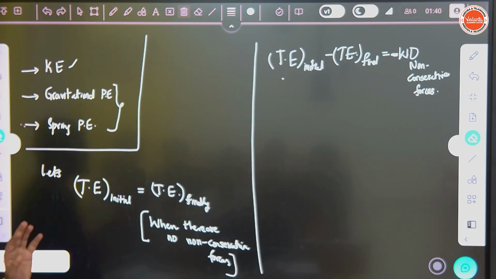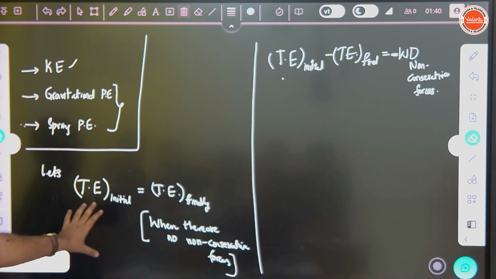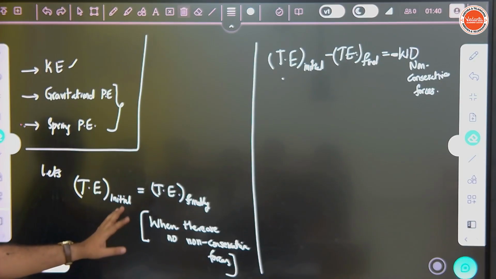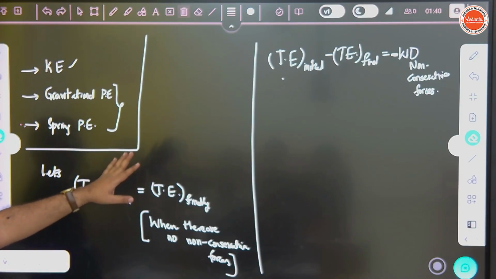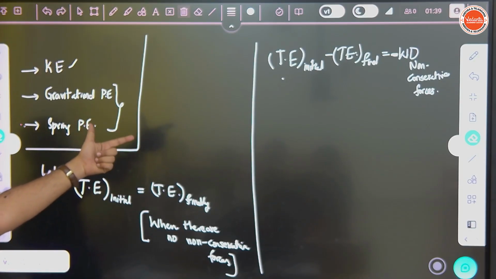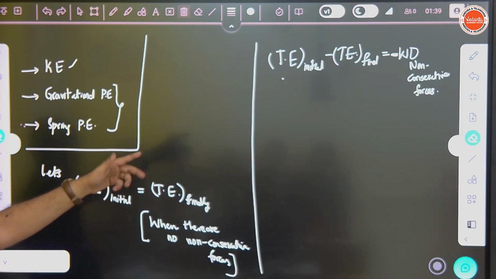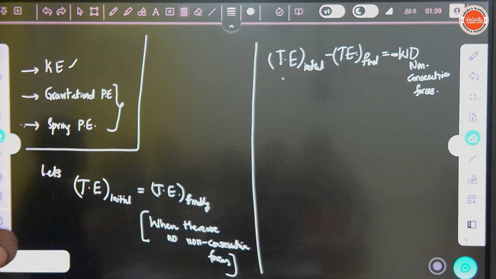If springs are involved in the question, then you go for this approach, that is your total energy approach: total energy initially is equal to total energy finally if friction is absent, and if friction is present, then use that particular rule. Clear with this, right? Only these two approaches are there, and using these you can solve any question.